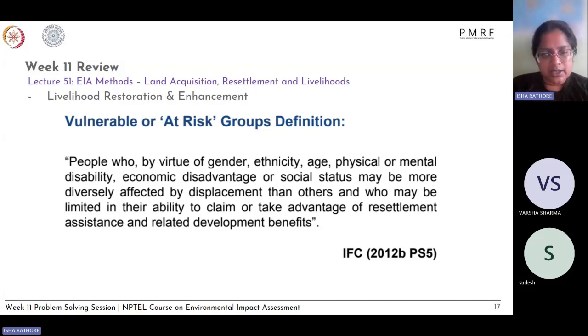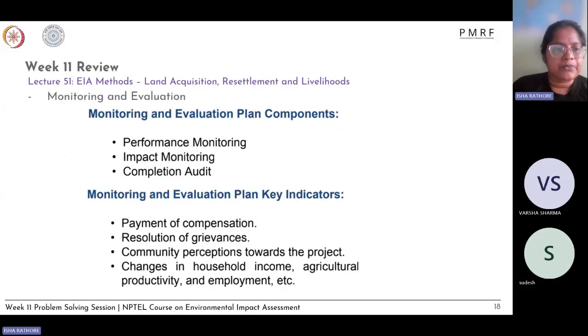So vulnerable or at-risk groups are looked at more sensitively in the land acquisition and resettlement process. Until the handover and implementation, the project team has to make sure that they have been fully settled in that particular location.